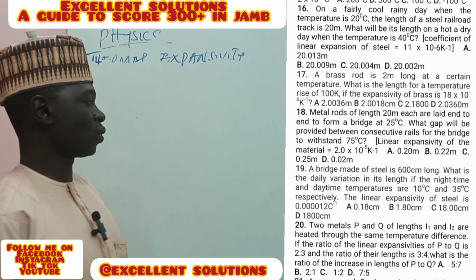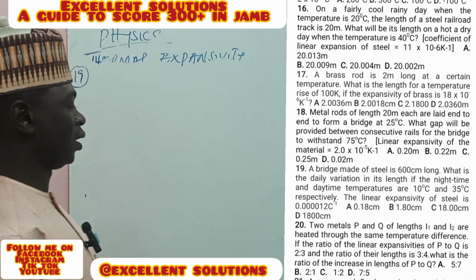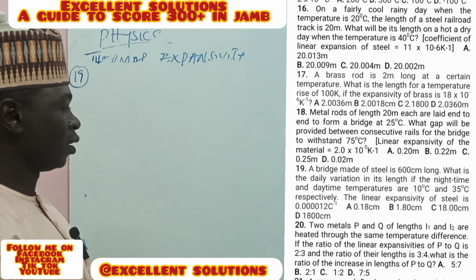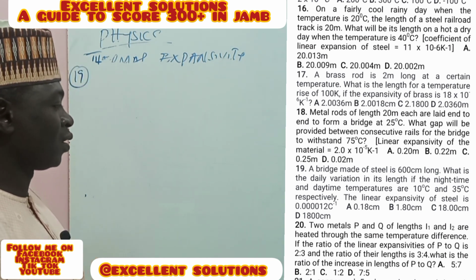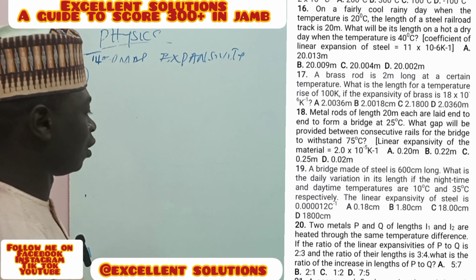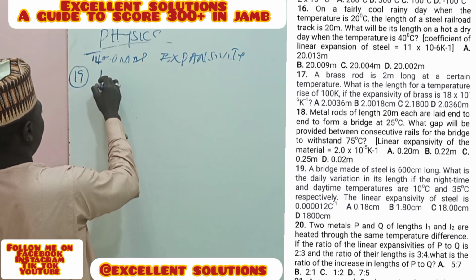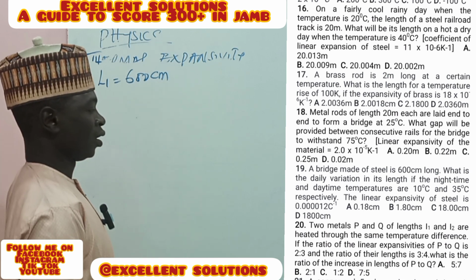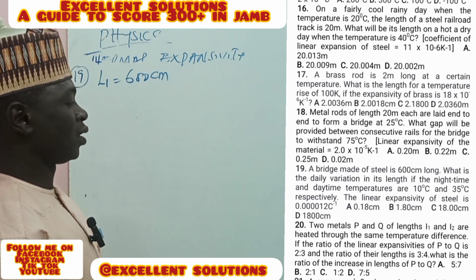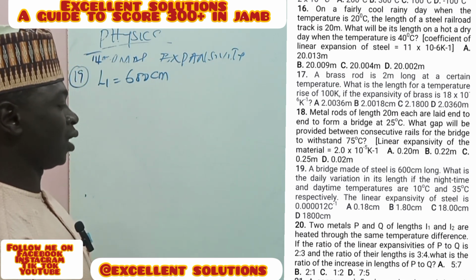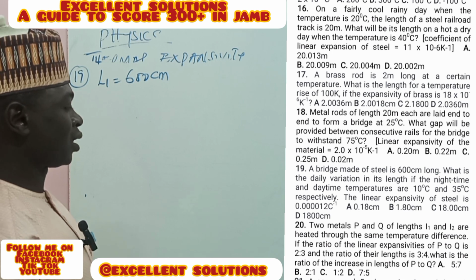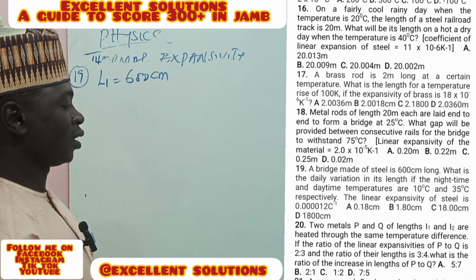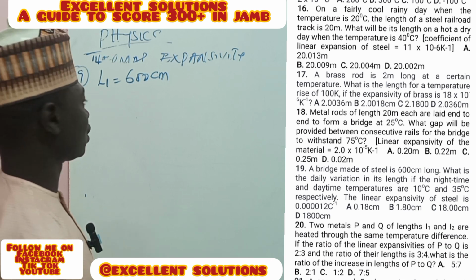The next question is question 19, and this question says a bridge made of steel is 600 centimeters long. So we now have L1 equals 600 centimeters. What is the daily variation in its length if the nighttime and daytime temperatures are 10 degrees Celsius and 35 degrees Celsius respectively?